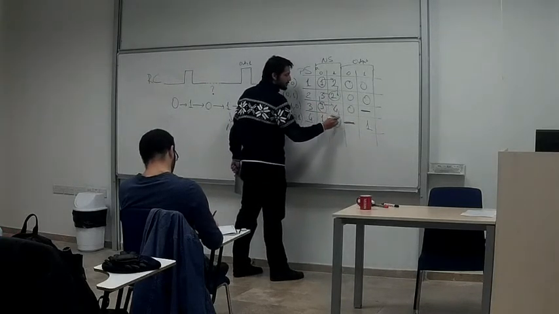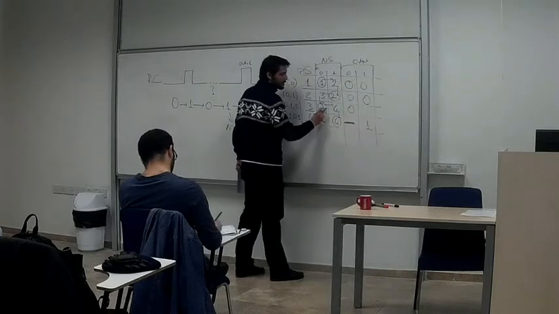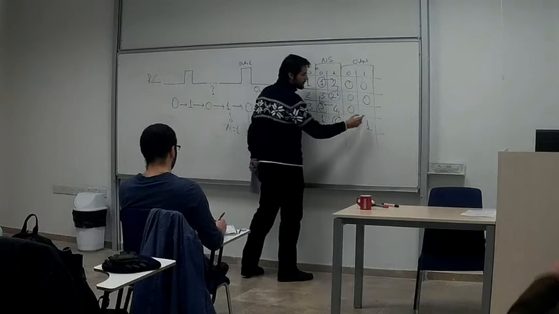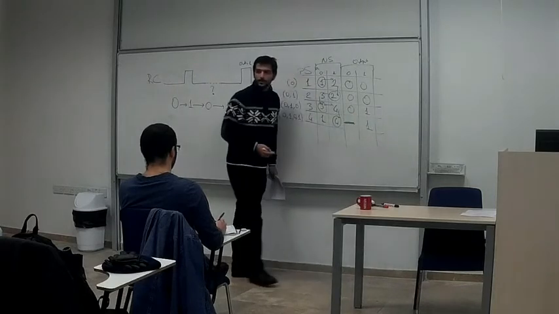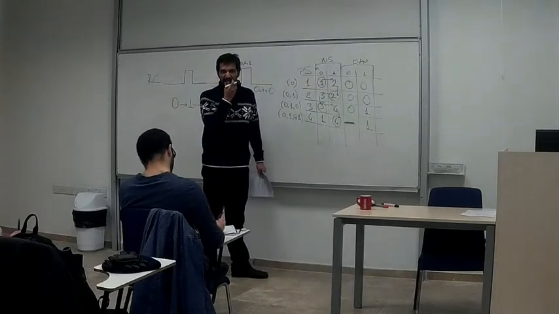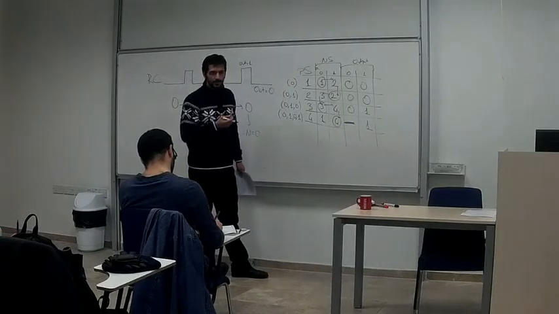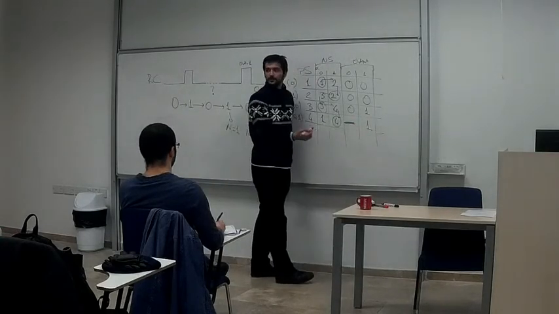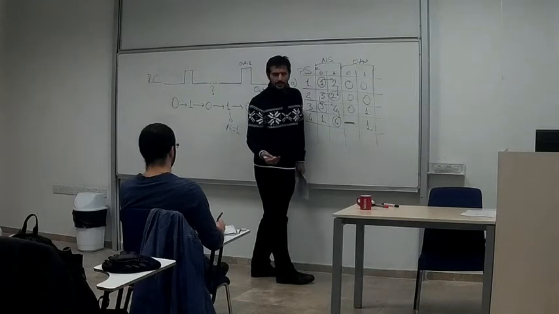From 3 to 4, at some point it's going to be 1. So I would put a 1 here for a more relaxed sum of products, because if I put that 0, I have to take it individually, which would result in more logic.